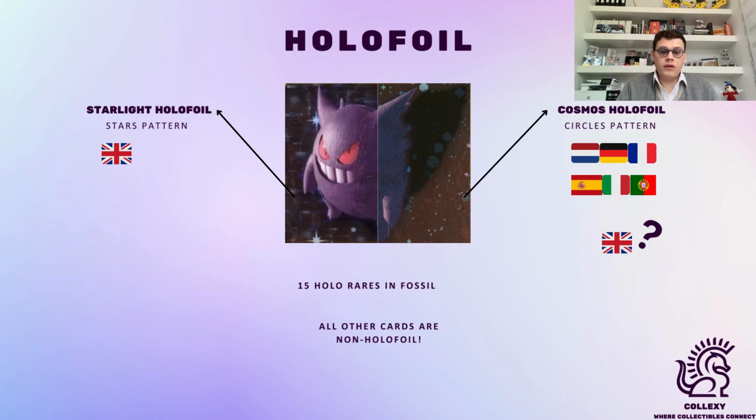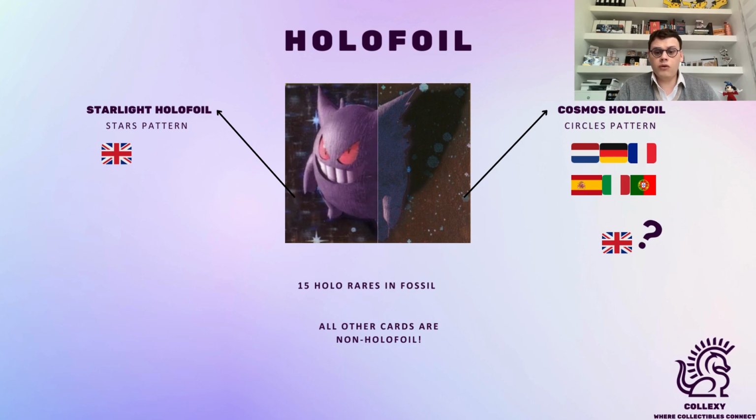On the other hand, we have the Cosmos holofoil, which was used for all the other languages. However, as we will see later, we will also have an English variant that is printed in the Cosmos holofoil. These were also only for, of course, the holofoil rares, but these were considered to be unofficial releases. We will go more in depth later on.